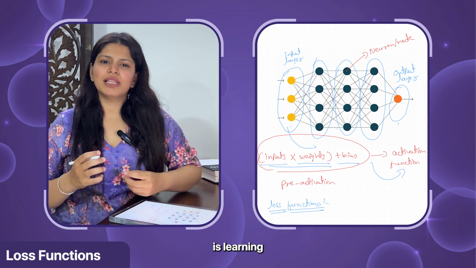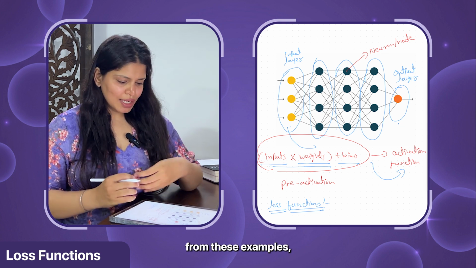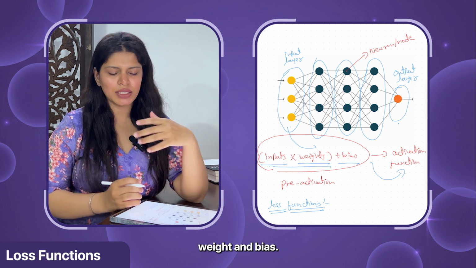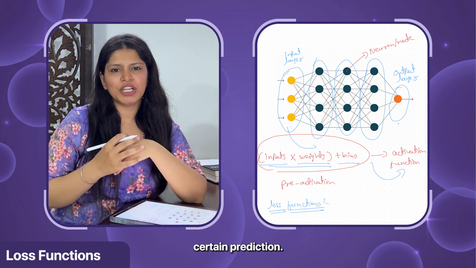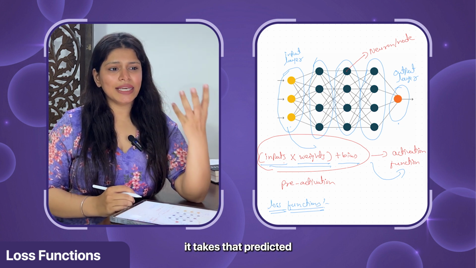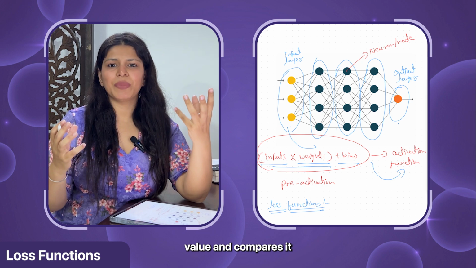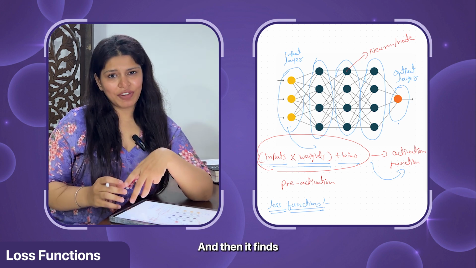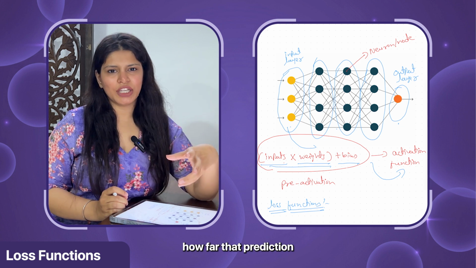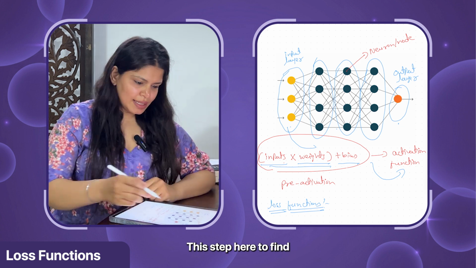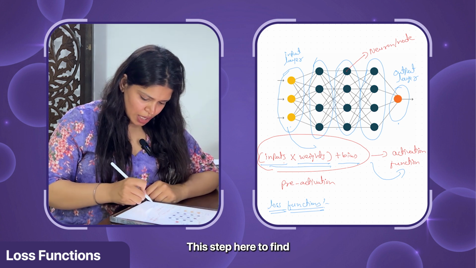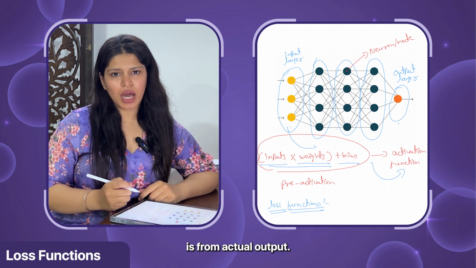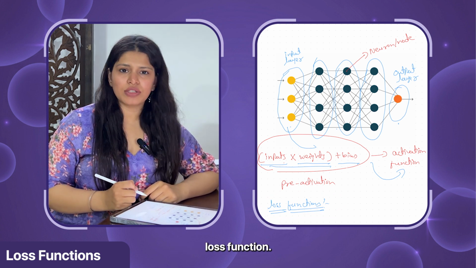So when the model is learning from these examples, it starts with some random weight and bias, and then it makes a certain prediction. And then it takes that predicted value and compares it with the actual value that we gave in those examples. And then it finds how far that prediction is from the actual output. This step here to find how far the model's guess is from the actual output is done by the loss function.